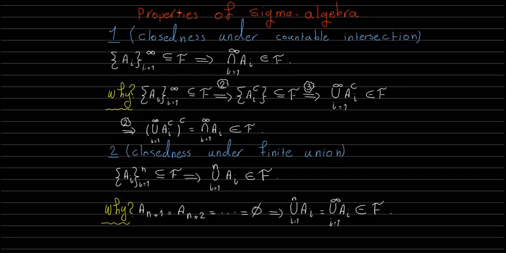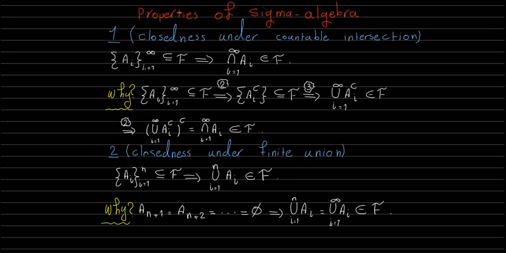Now let's go to the properties of sigma algebra. If you haven't already watched my video on the definition of a sigma algebra, I put the links here so you go and watch it. But for now, as we know, sigma algebra has three main properties: it's closed under complement and it's closed under countable union.